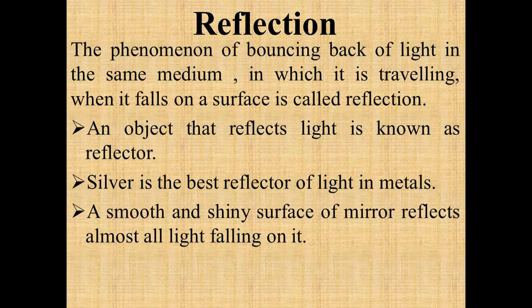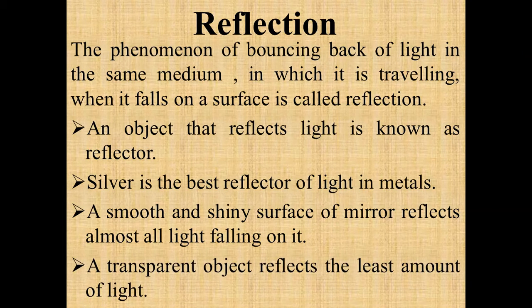Smooth and shiny surface of mirror reflects almost all light falling on it. So if the surface of the mirror is smooth and shiny, then it reflects almost all the light falling on it. That is why we are able to see our clear image if the surface of the mirror is smooth. And regarding the transparent object, for example the glass, in the glass you are not able to see your image.